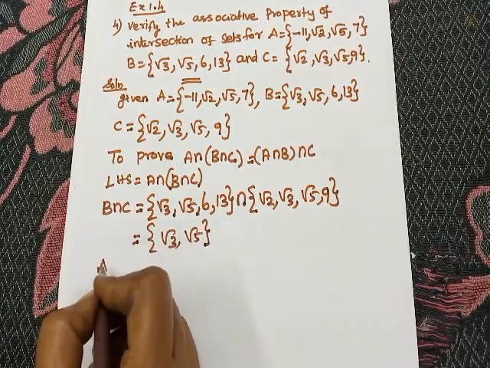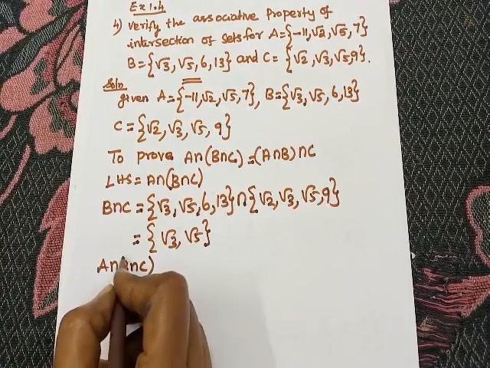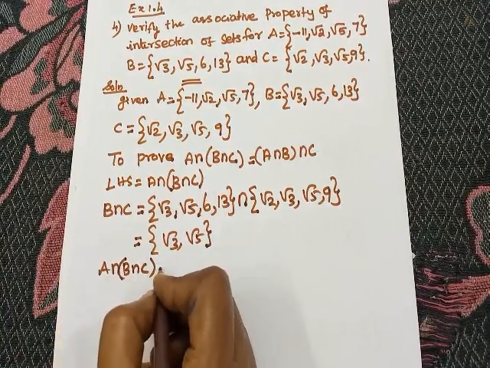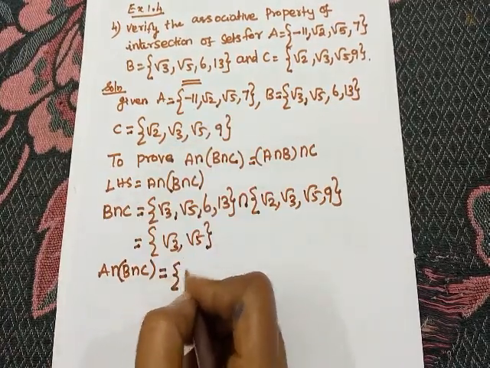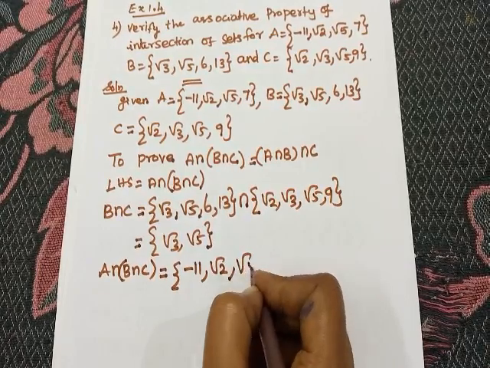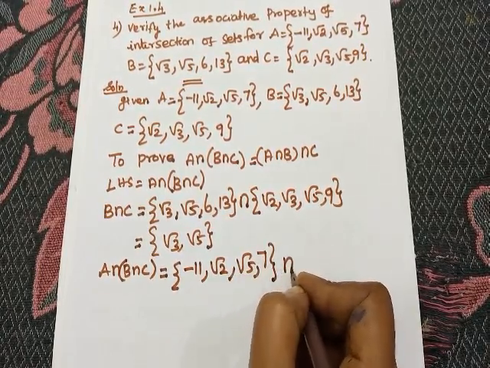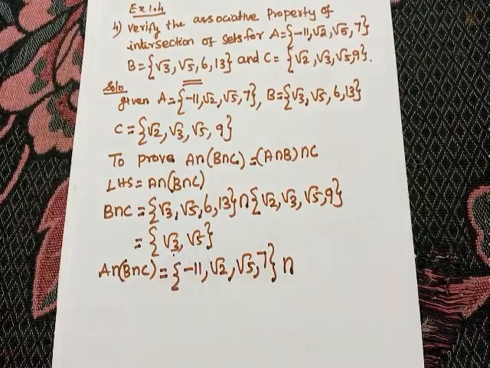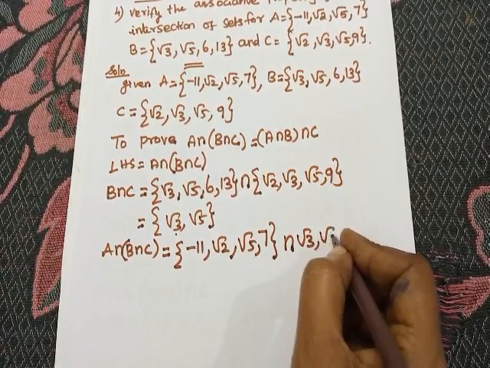Now A intersection (B intersection C): what is the A set? {-11, root 2, root 5, 7} intersection {root 3, root 5}.